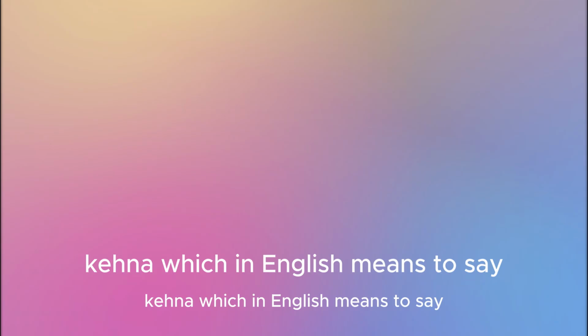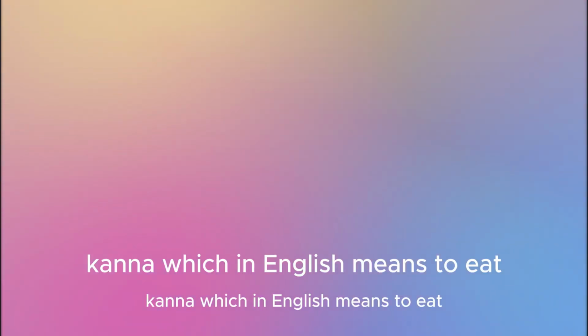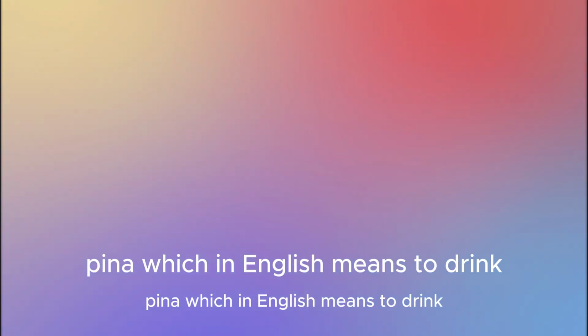Gehna, which in English means to say. Dekhna, which in English means to see. Kharidna, which in English means to buy. Khana, which in English means to eat. Pina, which in English means to drink.